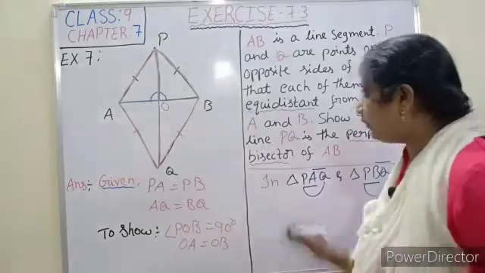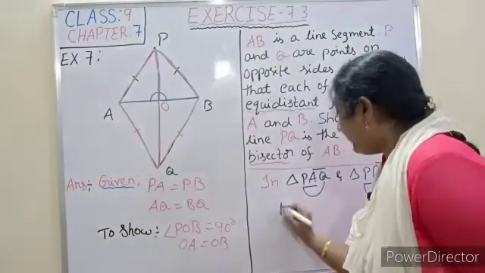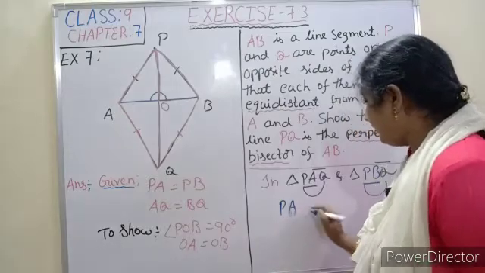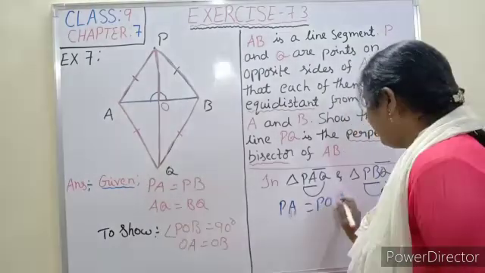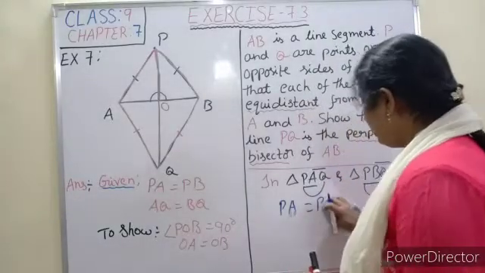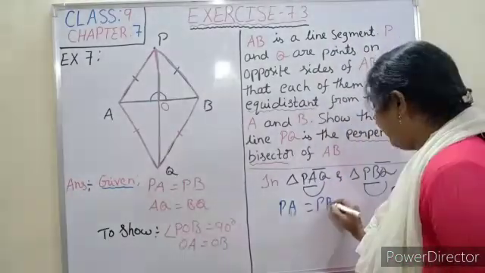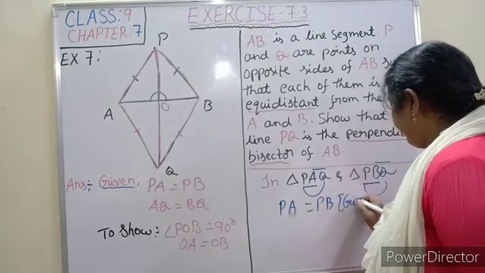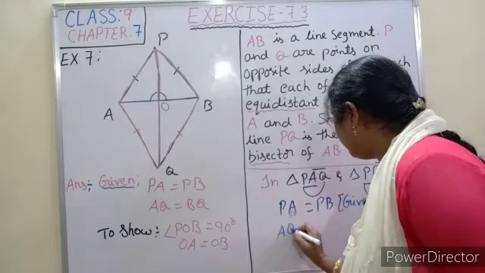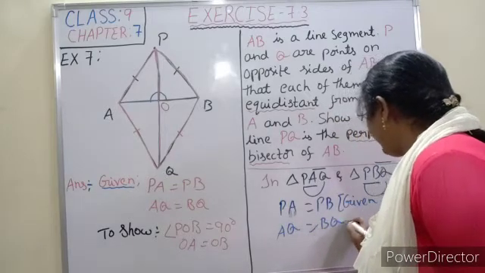That only we are going to write. PA equals PB, given. And AQ equals BQ, given.